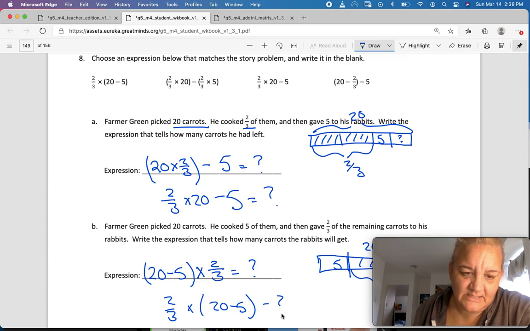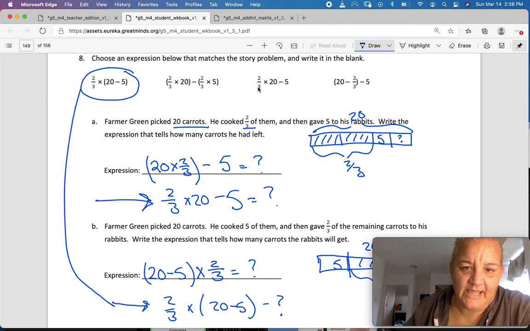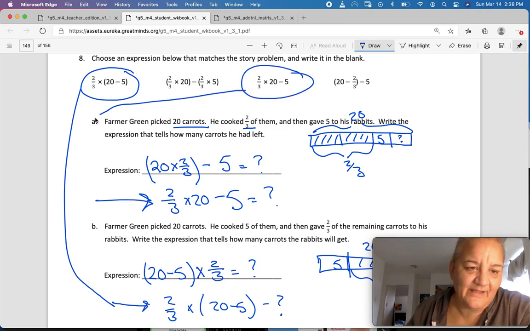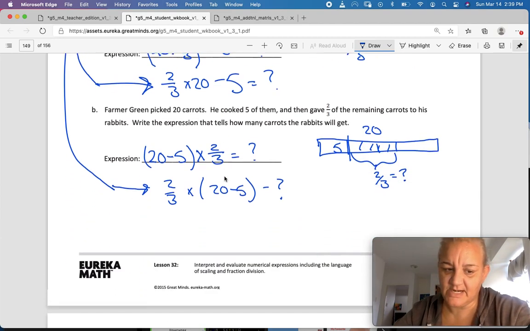So this is the answer here, and this is the answer here, which is this one and this one. Now, I have a suggestion for you. Just like I did it, I tried to figure out my own expression first and then found which one of their expressions matched that. I think that's probably a good strategy.